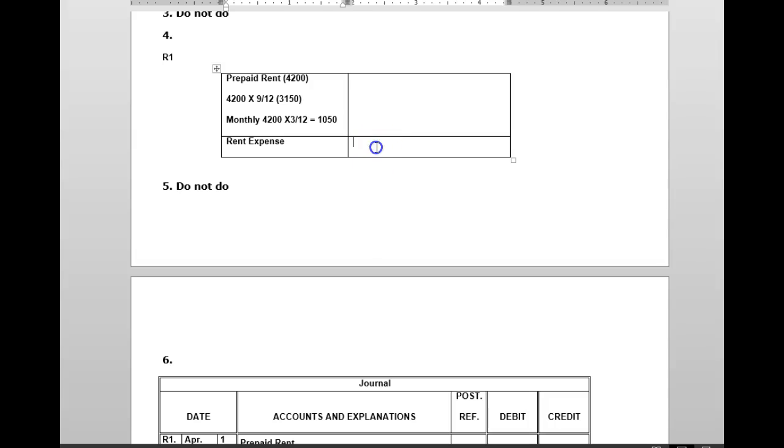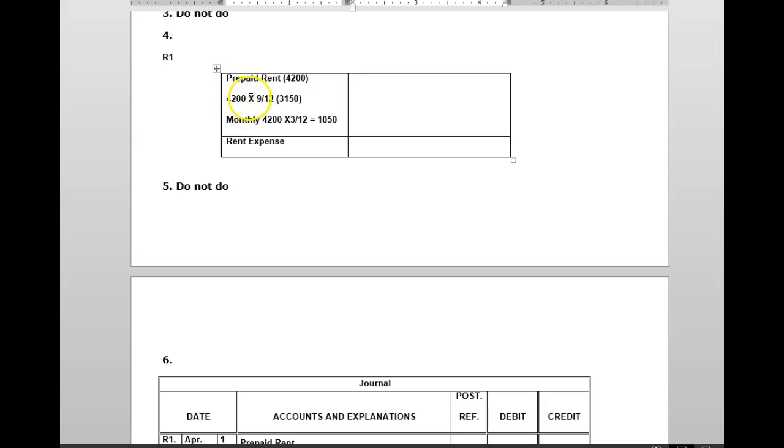So that kind of tells you both sides of it. Your rent expense is going to be for that 9 months, and what's left, if you take 4,200 minus the 3,150, is what is going to be left in the prepaid account.